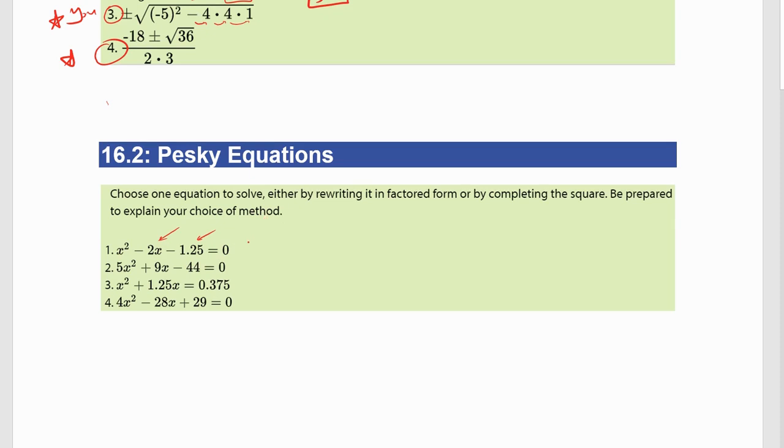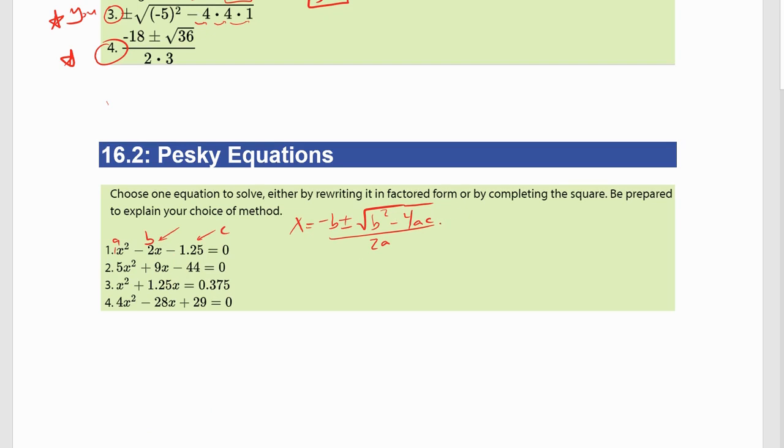So I recommend using quadratic formula, and we'll definitely be going through this as well throughout the lessons. So A is 1 because it's 1x squared, B is negative 2, and C is negative 1.25.